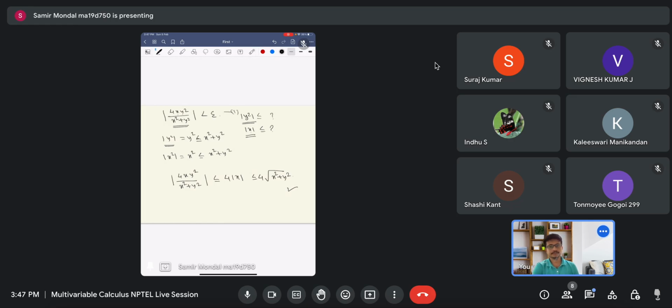Yes, sir. Okay, we put the value of y square, then we get this one. After that we are putting the upper bound of mod of x. Okay, this one.